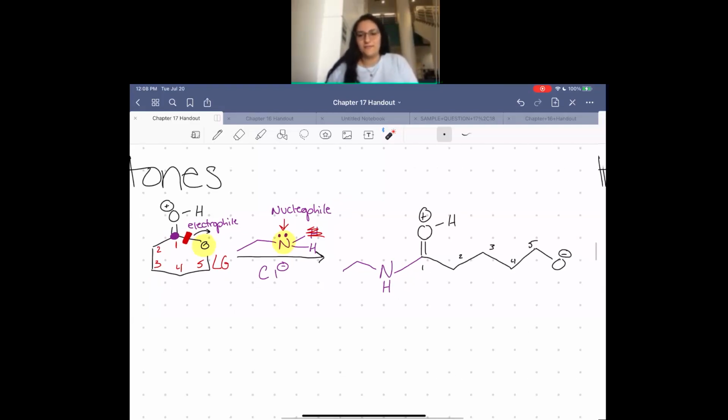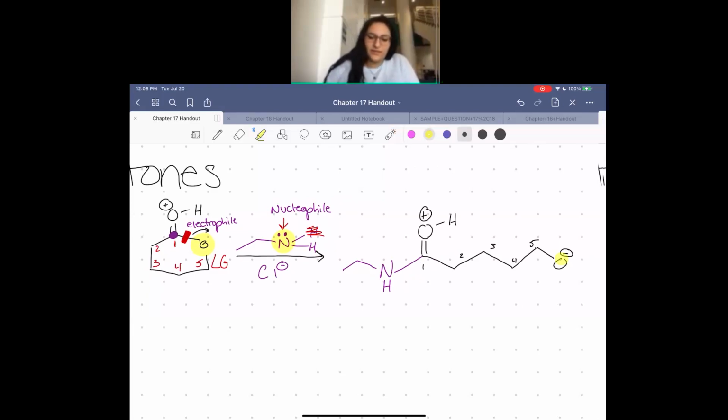Exactly. So I'll even highlight that. This was our leaving group. This was our nucleophile. And we learned something handy dandy in chapter 16 that involved moving one hydrogen from one place on a molecule to another. What do we call that?